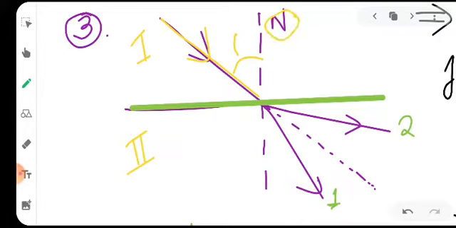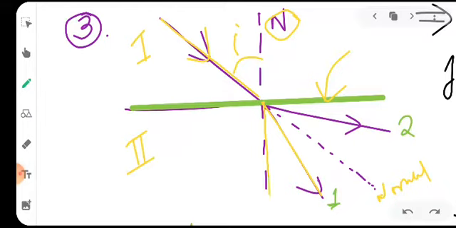So the incident ray is at a certain positive angle with respect to the normal. At this angle, when the light crosses the interface, it suffers a deviation. It does not continue along its original path, but instead deviates either towards the normal or away from the normal.